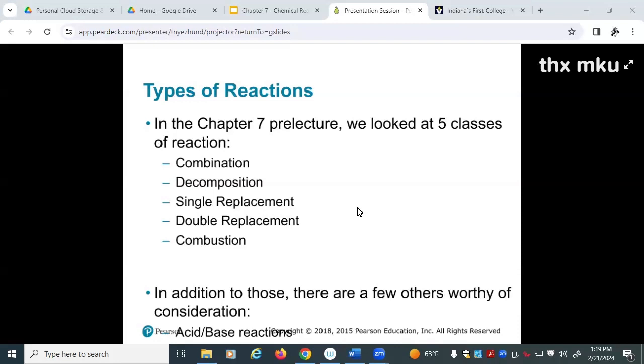The combination reaction, where we take multiple reactants and they fuse together to make a single product. We talked about the decomposition reaction, where we've got a larger molecule that breaks down into smaller molecules. We talked about replacement reactions, where we usually have ionic compounds that are switching ions. And then we have combustion reactions, where things react with oxygen and get set on fire.